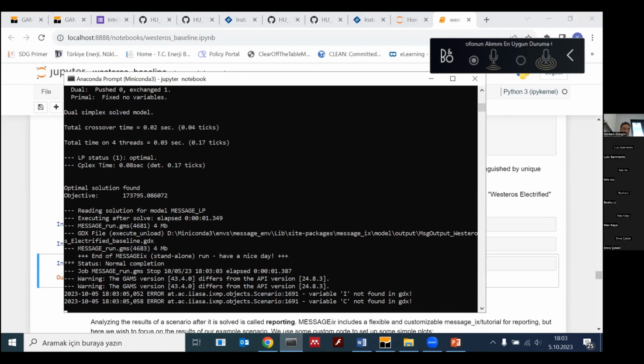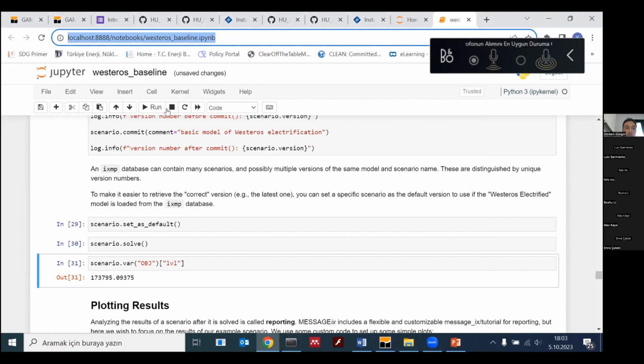We can see that we have found the objective function, the total discounted energy system cost, which satisfies the light demand for the time horizon in Westeros.